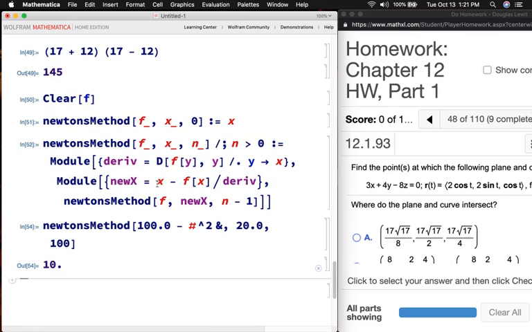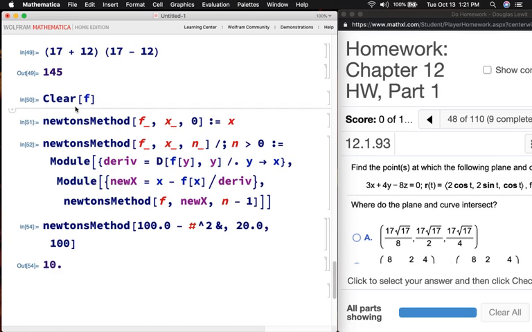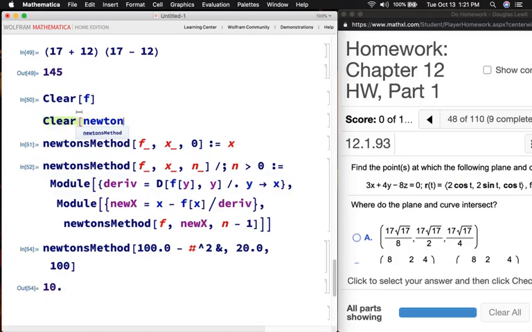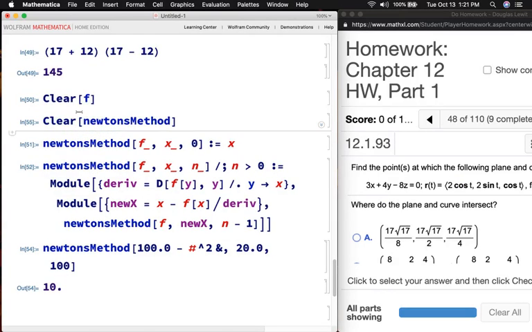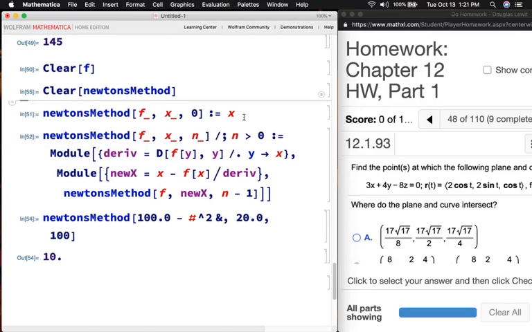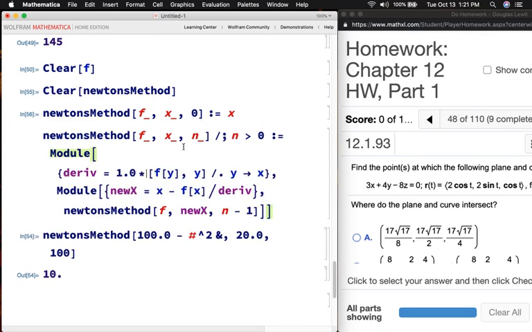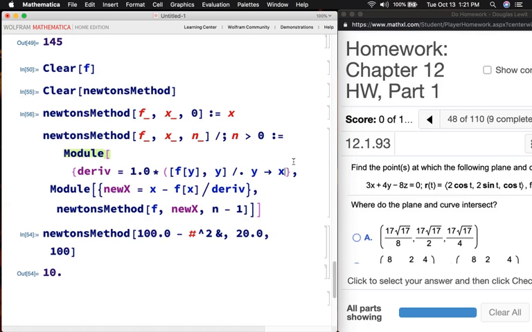So let me clear Newton's method and redefine it. Shift enter. And then here, for the derivative, let's multiply it by 1.0.